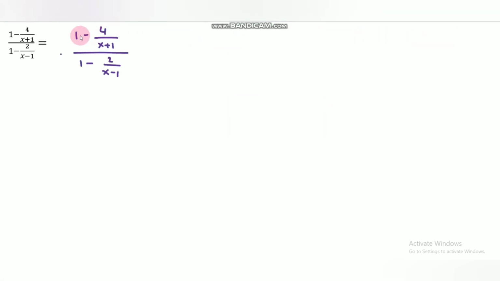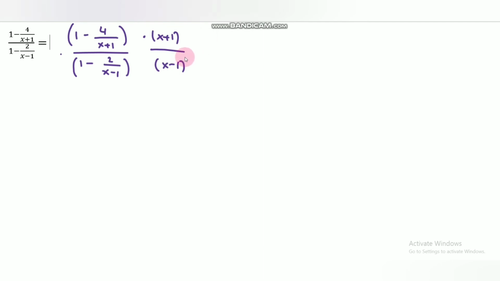So if this is the case, since I want to get rid of the fractions inside the denominator and numerator, of course I can multiply it with 1, but the biggest mistake is if you try to multiply the numerator by x plus 1 and the denominator by x minus 1, which is you are changing the value. You cannot do that.